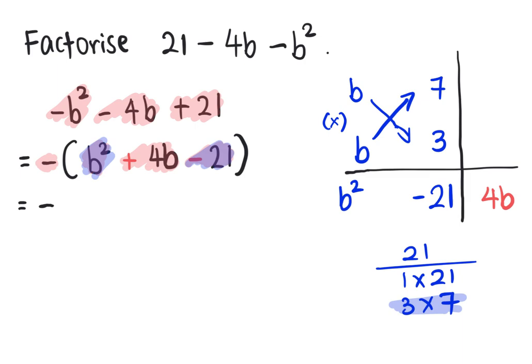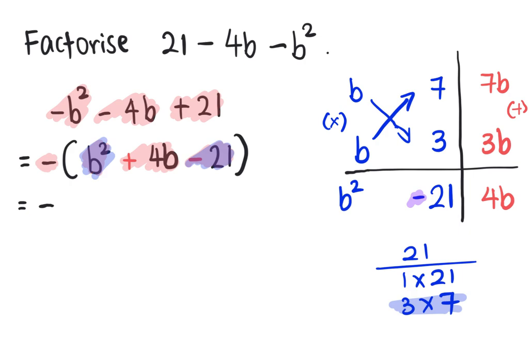So that I will have 7b and 3b here. And when I consider the negative sign, one of them must be the negative, right?